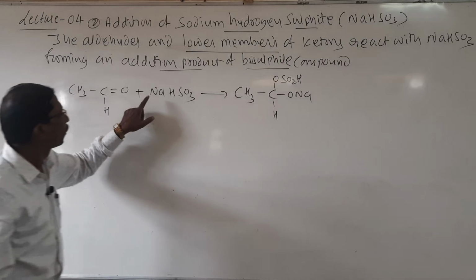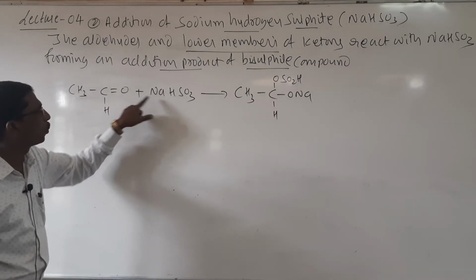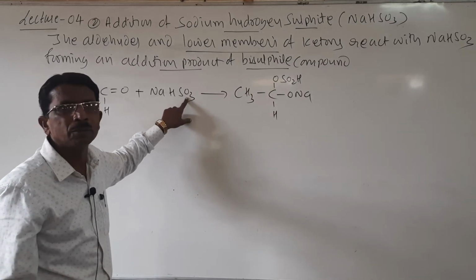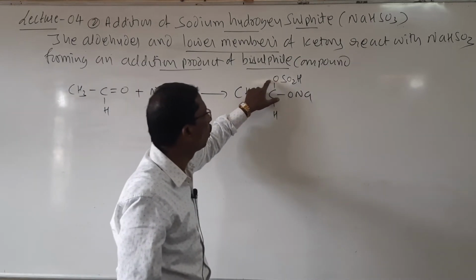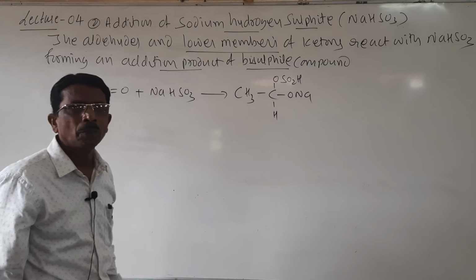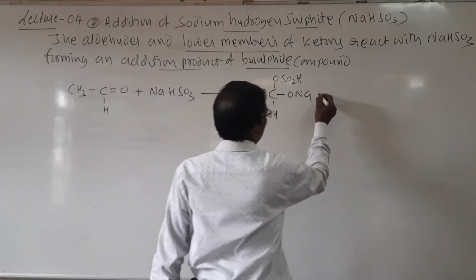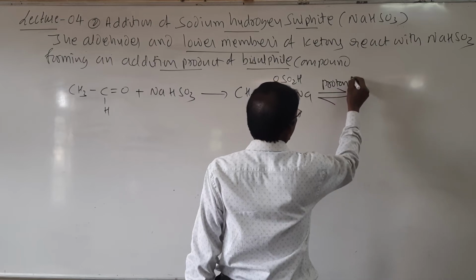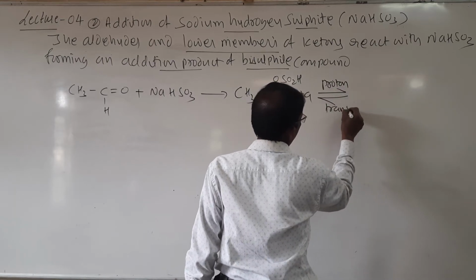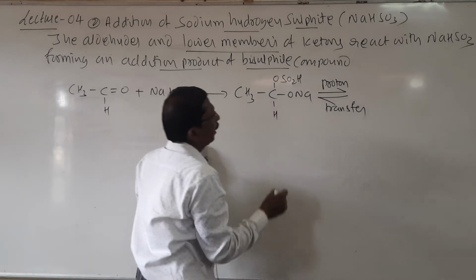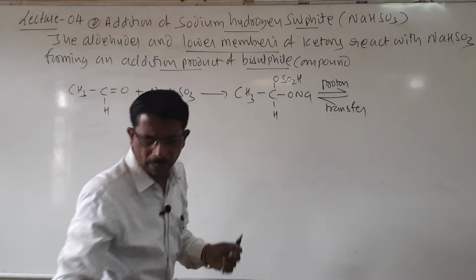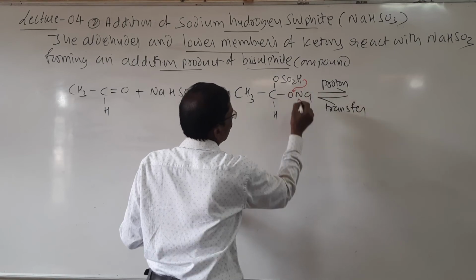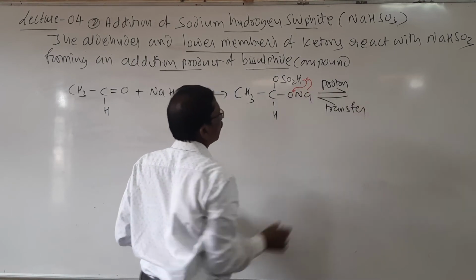Look here, this Na attaches here, it is ONa, and here the bonding takes place through this oxygen, OSO2H, and here proton transfer takes place. Look here, the proton here transfers here, and then the sodium transfers here.